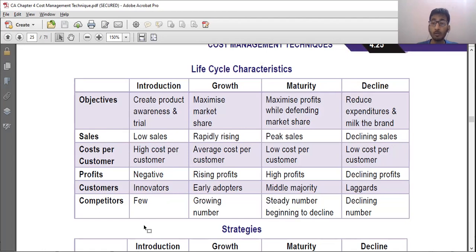The customer would be an innovator. Why innovator? Because they wanted to go with some new product. Suppose when Zomato came in the market, those who have a conservative ideology would not shift to Zomato, because they might have the feeling, how can they sell the product at a very lower rate?